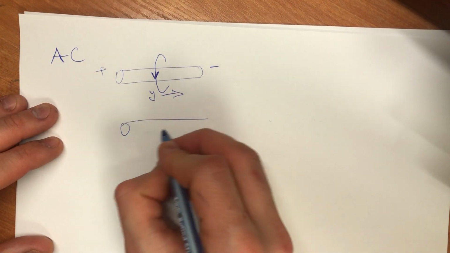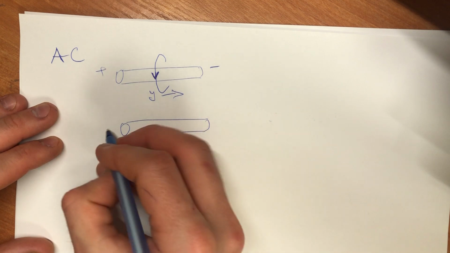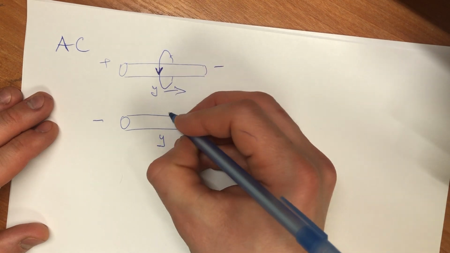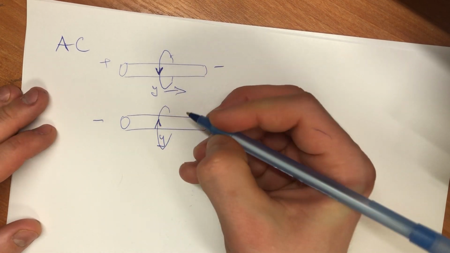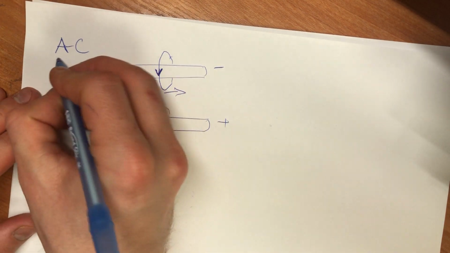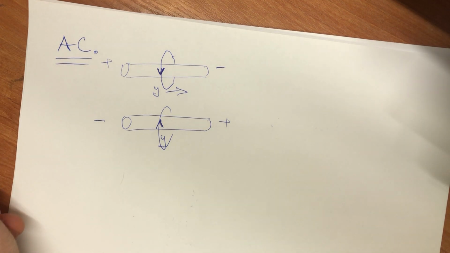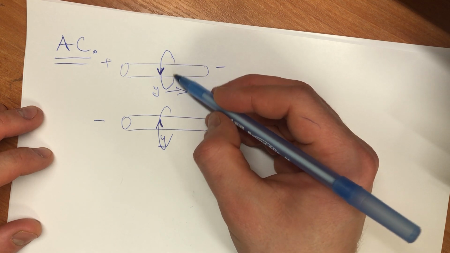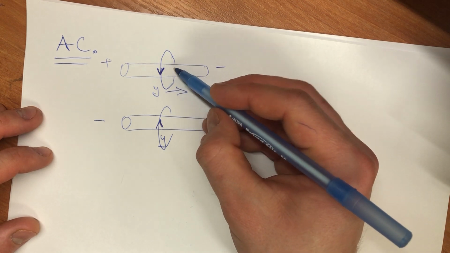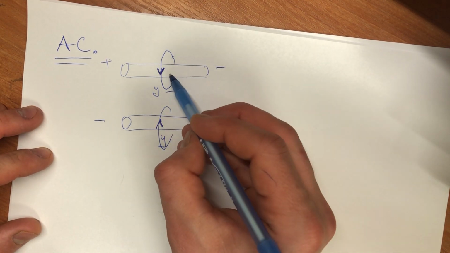But when the polarity is reversed, then what happens? Then the direction of the magnetic field changes and it goes to this direction. So if we have alternating current, the direction of the magnetic field changes, and it means that it has to disappear. When we have this polarity, there is a magnetic field.